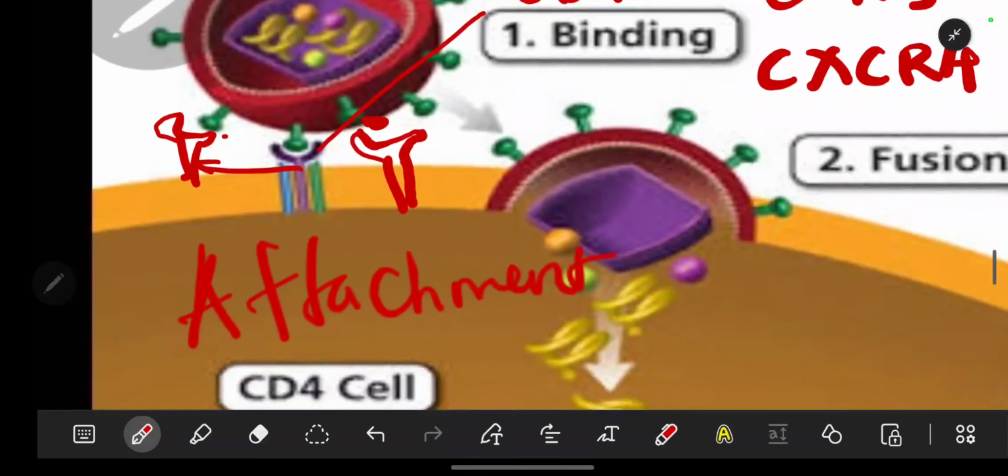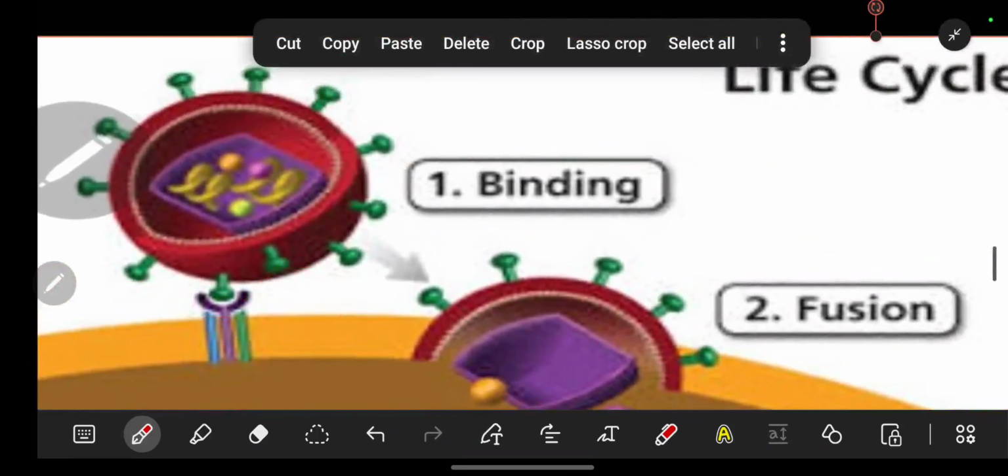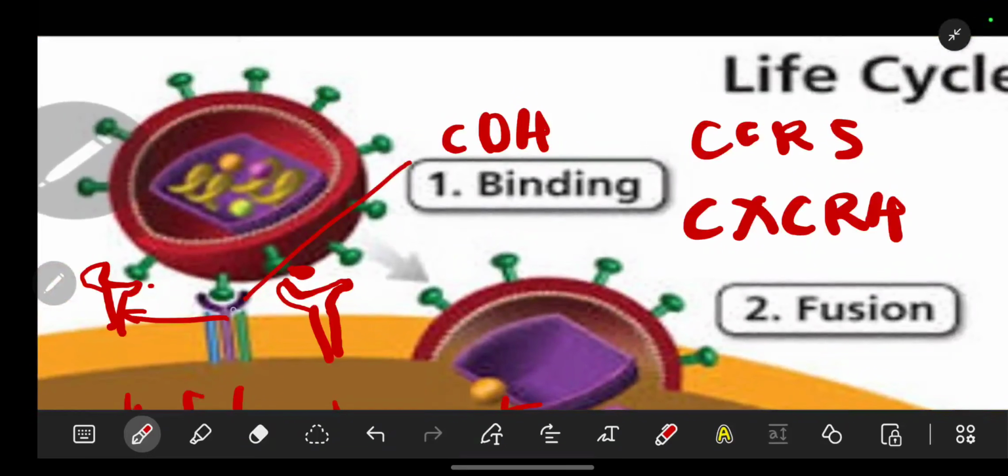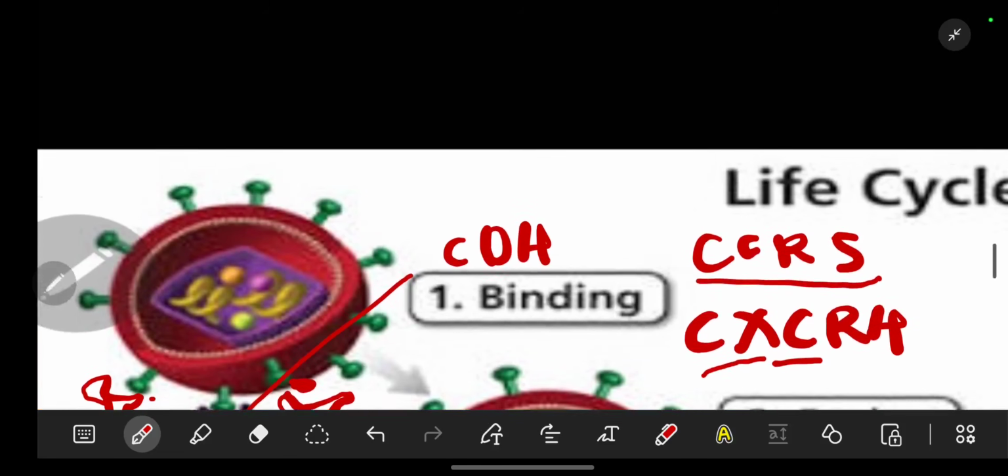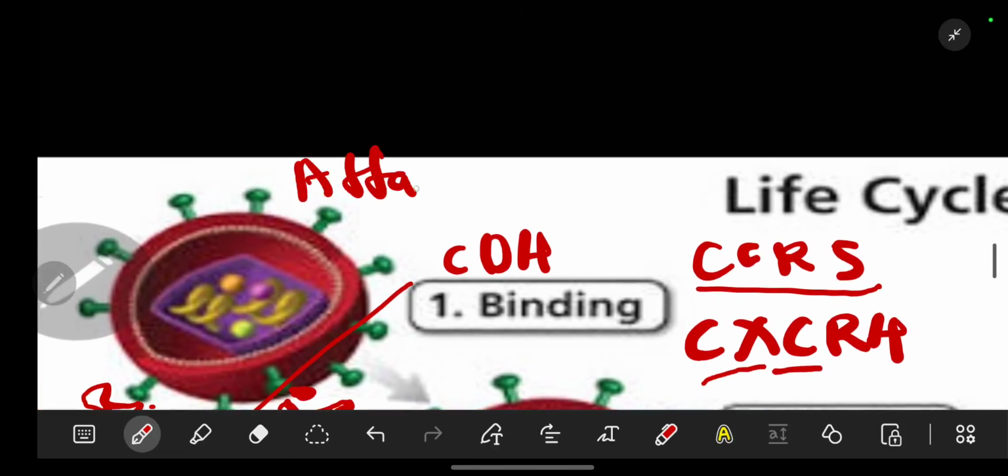But generally, the most important thing is the CD4. They can also attach to other core receptors such as the CCR5 and the CXCR4. Now when we look at attachment, which in brackets, we are going to have binding.